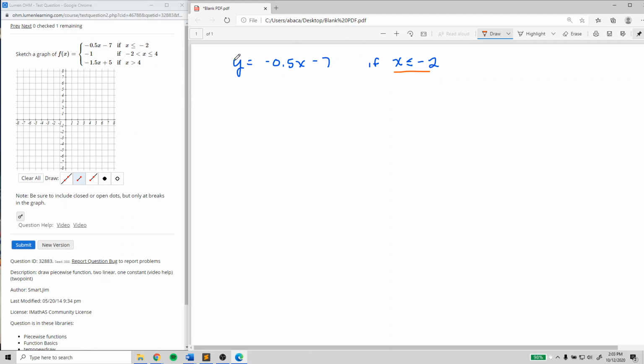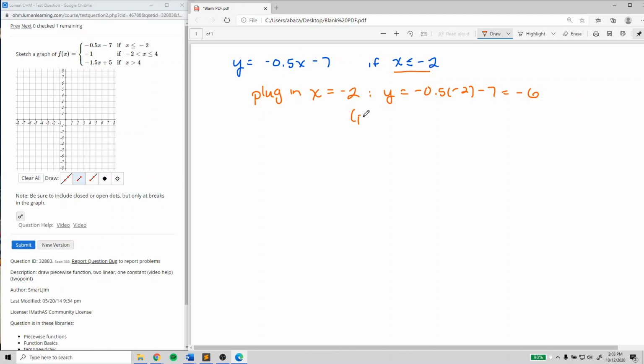It changes at negative 2 from this one to our next one. So we need to plug in x equals negative 2, and we get y equals negative 0.5 times negative 2 minus 7. Negative 0.5 times negative 2 is 1, minus 7 is negative 6.